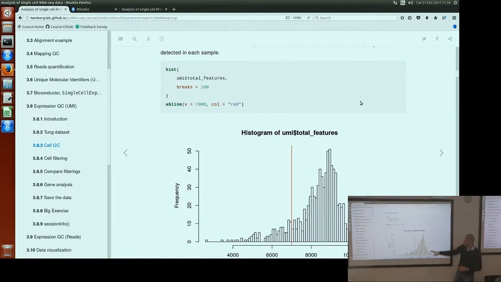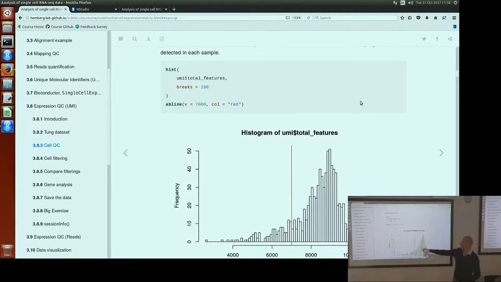So this looks actually better than the previous plot. You have a Gaussian which is not close to 0. But here we can see that some cells contain very low number of expressed genes. So probably, again, we should remove them because they don't follow the general trend in your experiment.